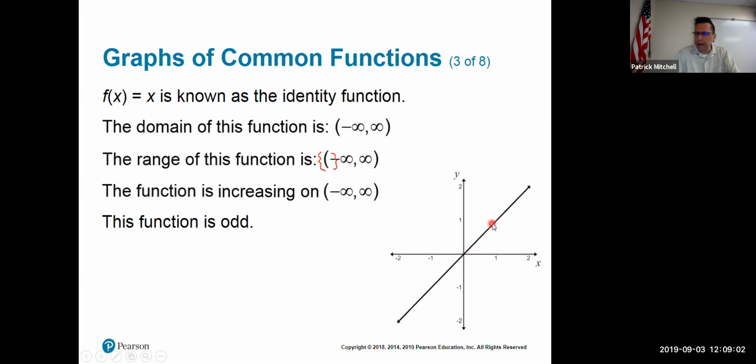Pi over 4 lies along the line y equals x. So that's called the identity function. The reason it's called the identity function is when you plug in a number x, you get the exact same number out for y. The domain of this function is all real numbers. If you squash it onto the x-axis, you hit the whole x-axis.